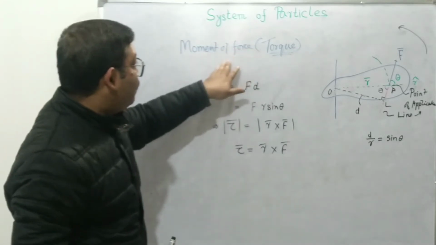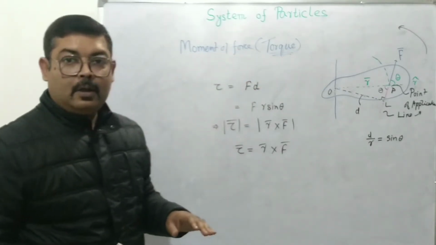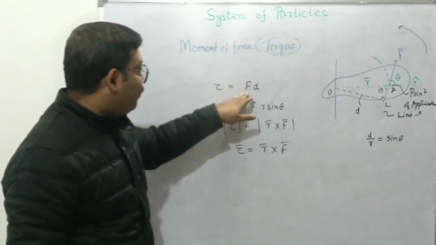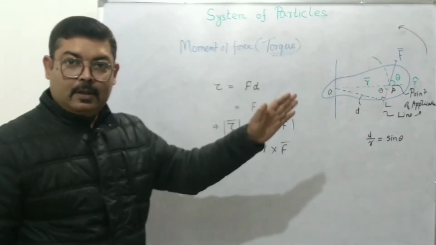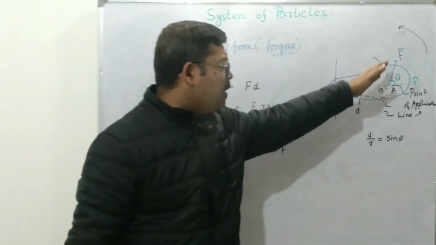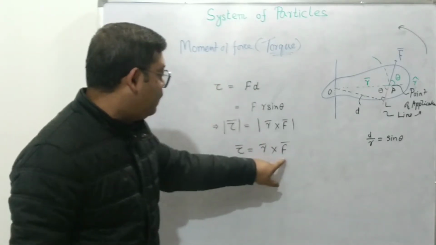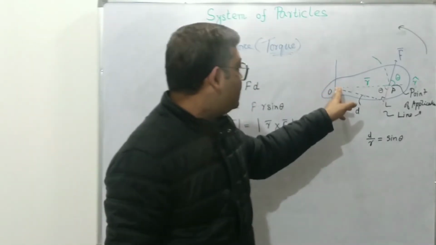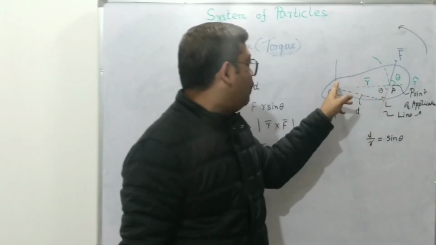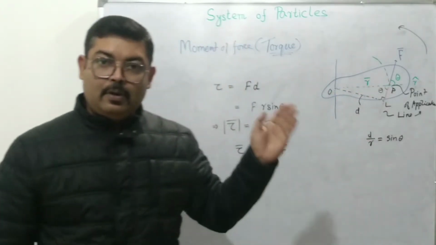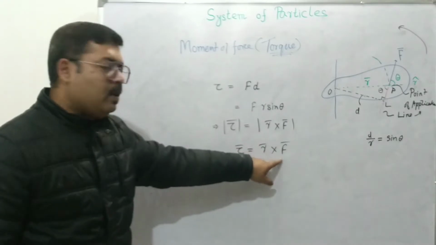So moment of force or torque, which is given by force into the perpendicular distance between the axis and the line of action of the force, is nothing but the cross product of R, the radius vector, that is the vector from O to the point of application, and the force vector.